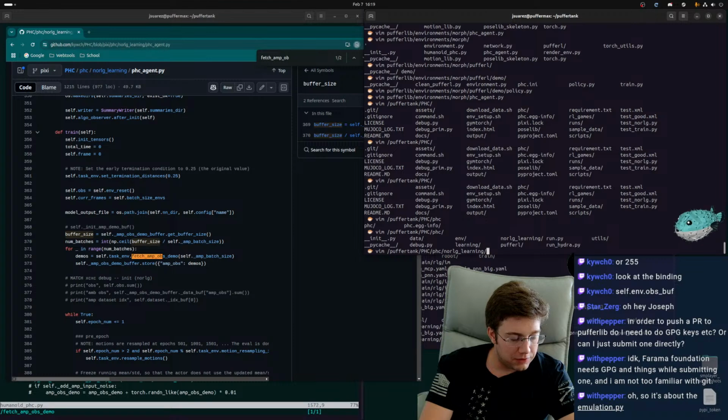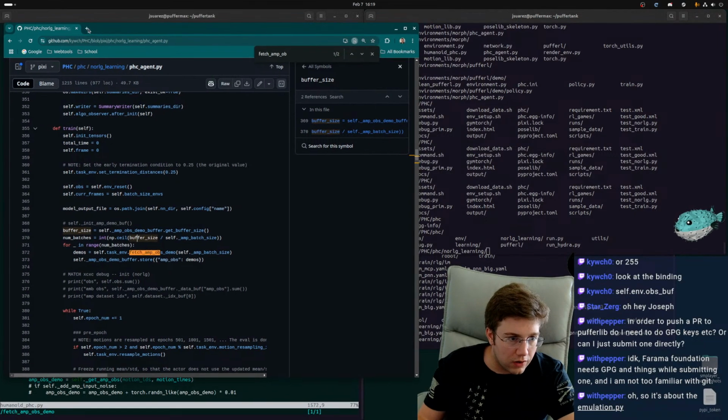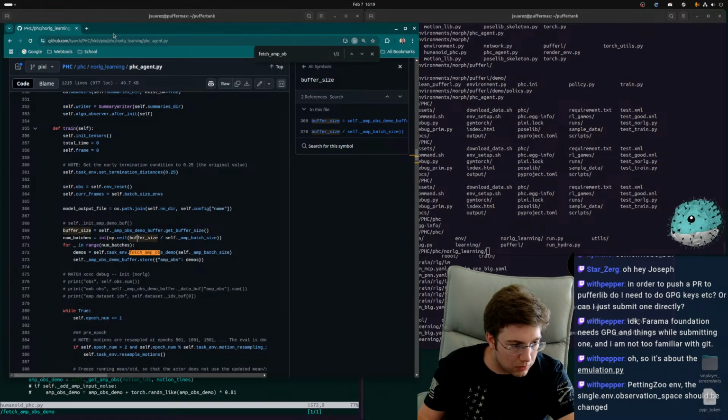It's about emulation.py. Okay. That's probably the most complicated file in the project. So, what specifically? Heading to M single N should be changed.